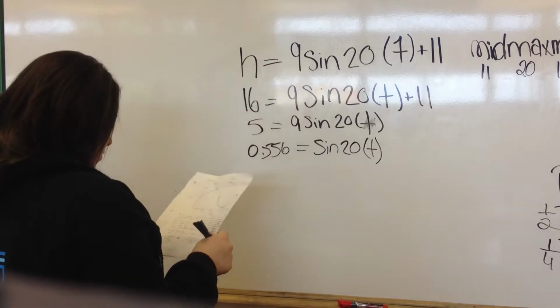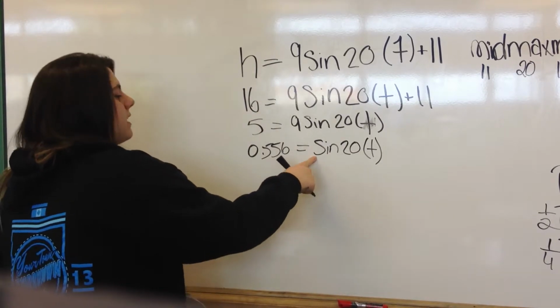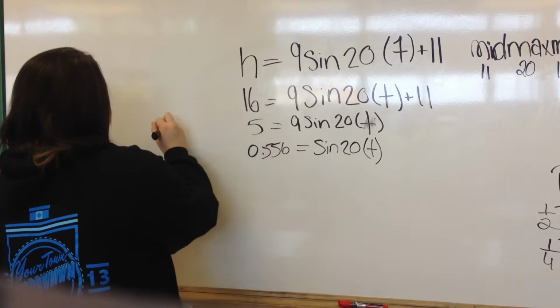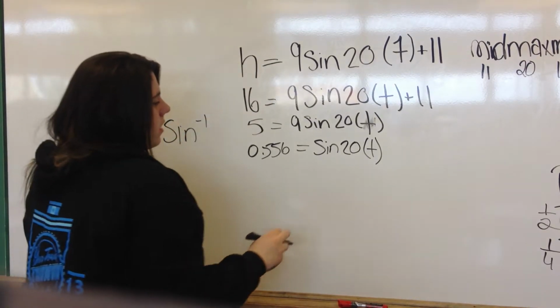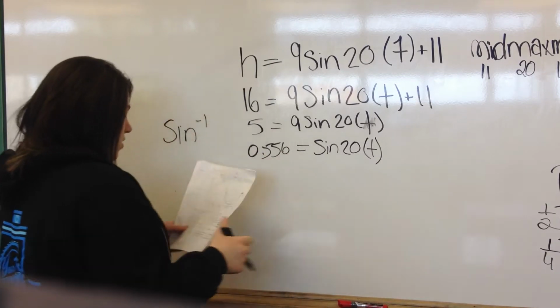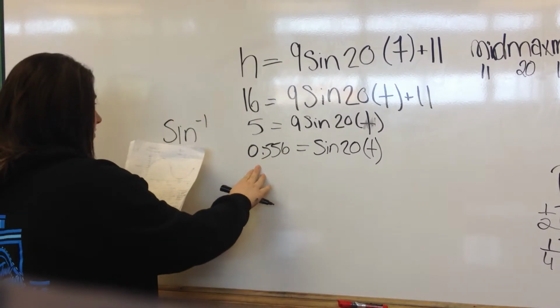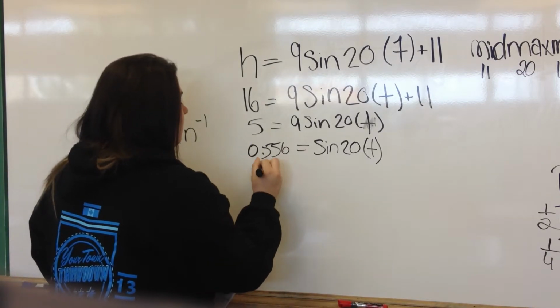Next, we're going to get rid of our sine. In order to get rid of sine, we have to take the opposite, which is sine to the negative 1. So this is going to give us the degrees. So this is telling us that 0.556 is in fact 33.75 degrees.